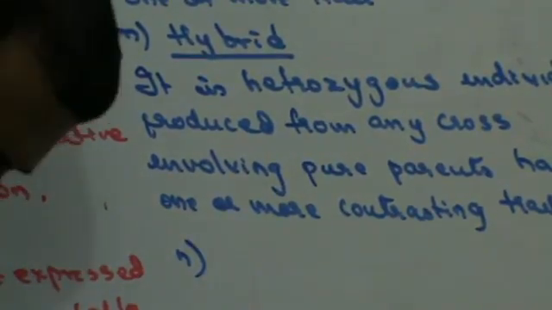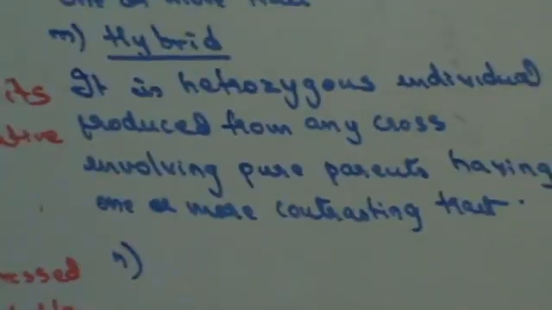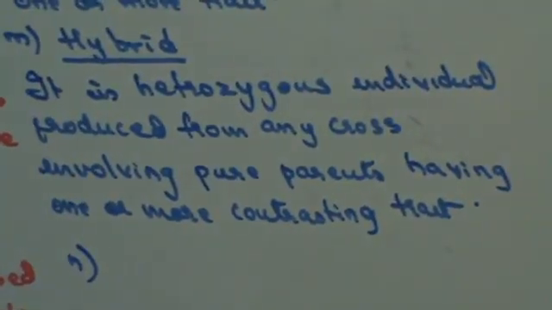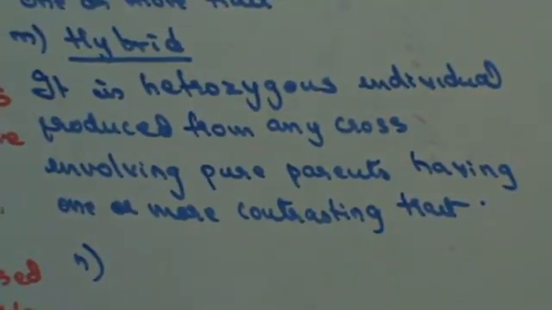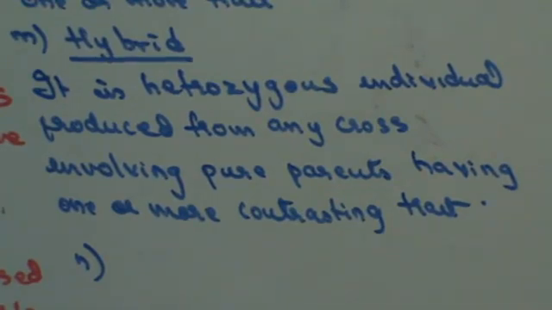Next, what do you understand by the word monohybrid? It is heterozygous for one trait and is produced in a cross of two pure parents differing in one single pair of contrasting characters. If you have pure parents, both the alleles are going to be identical for all the characters, but only for one character their alleles are going to be contrasting.